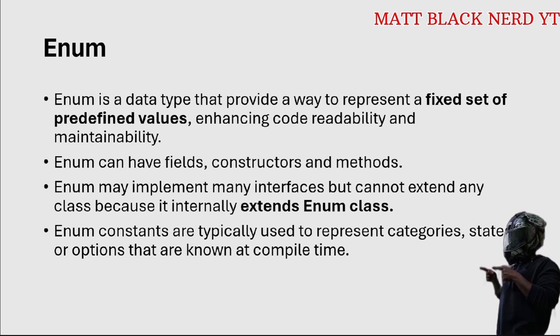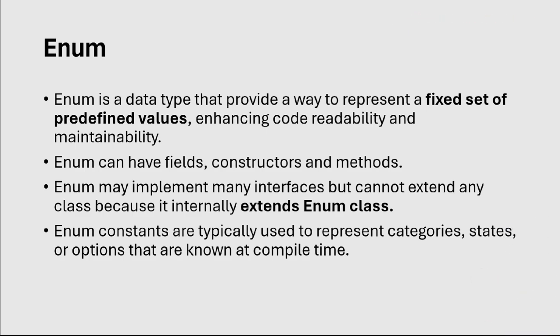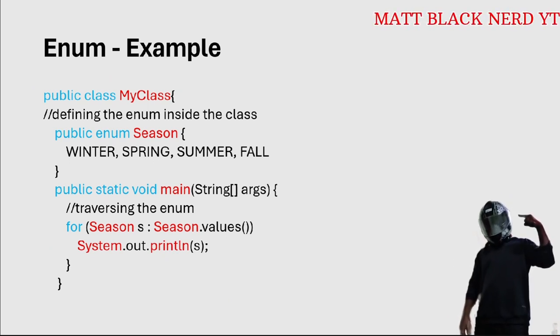Enum constants are typically used to represent categories, states, or options that are known at compile time. In this code, Season is an enum which has values winter, spring, summer, and fall. In the main method, a for each loop is used to traverse through the enum and print the values.